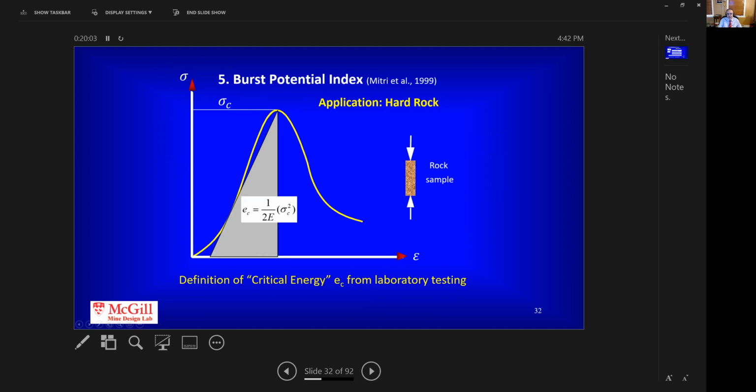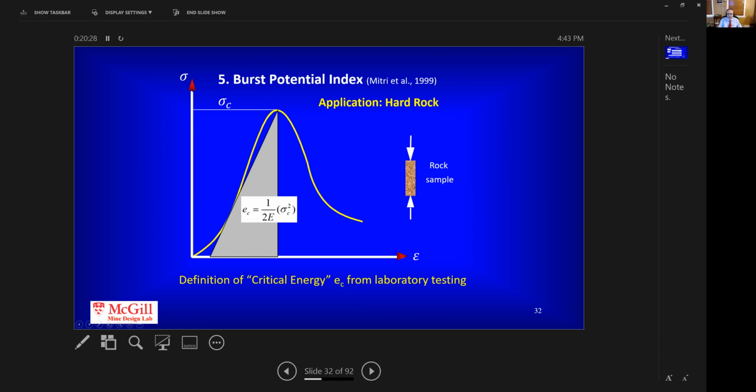The BPI, or burst potential index, was suggested a long time ago. It's been applied a few times for hard rock applications, and it essentially calculates the triangular area under the uniaxial compressive strength (UCS) test curve, with a simple expression of sigma squared over 2E.